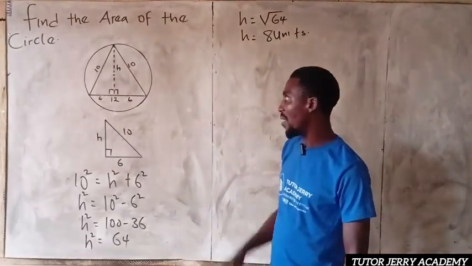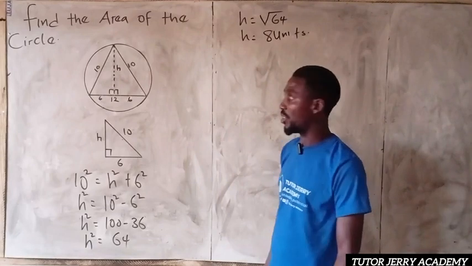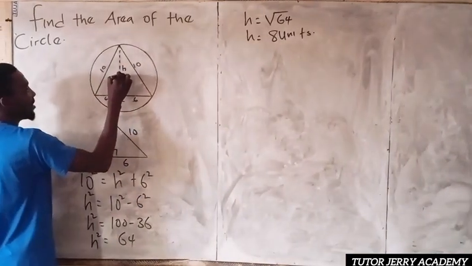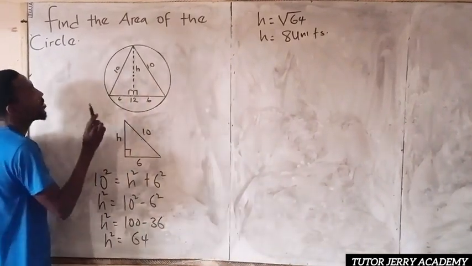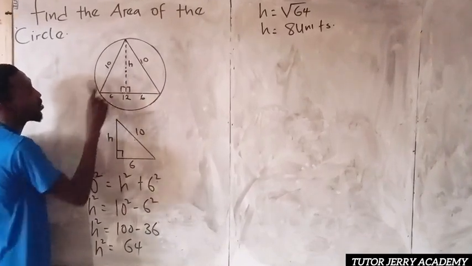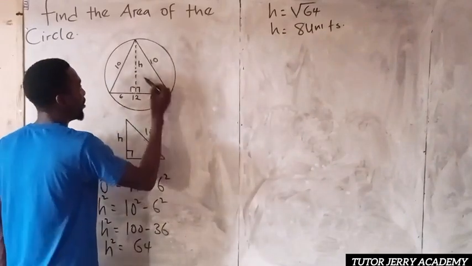Now that we know what our h is, how do we find our radius? We know that this is the center of the circle, right? If I join from any part of this circle to this point, it becomes my radius. So I'm going to join from this point to this point.